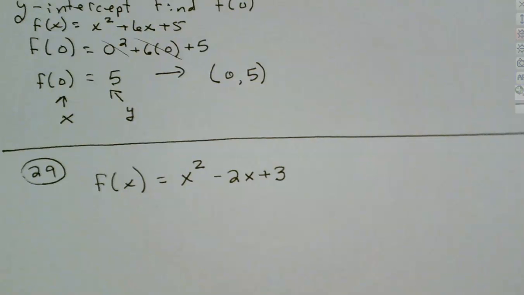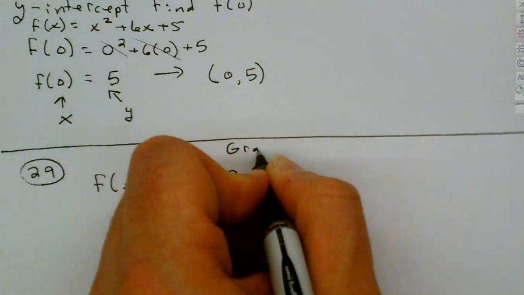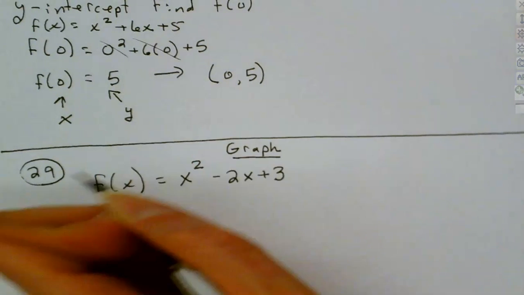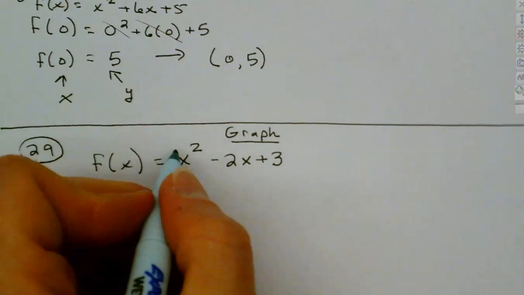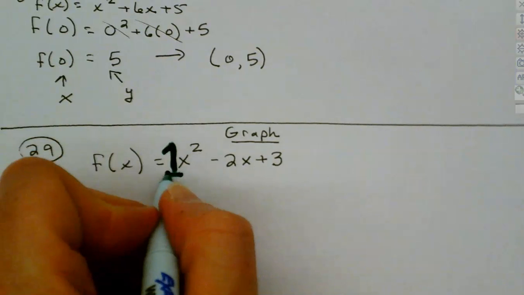Okay, so what are we going to have to do? Well, we want to graph this. That's going to be our goal, is to graph this. So if we want to graph this, we first have to find our vertex. If there's no number in front of the x squared, we know that's a 1.